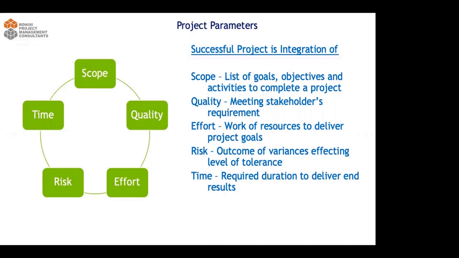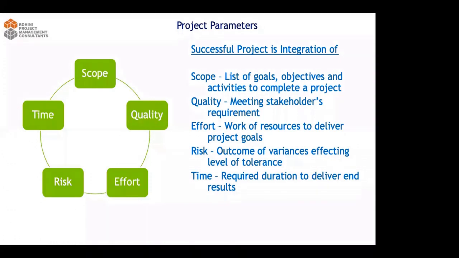Automatically, when you define the scope, the dependent thing is quality, meeting the stakeholders' requirements. The requirement might be for design, it might be for execution, or it might be for anything as such, for commitment. You already have specifications, which we term as quality.